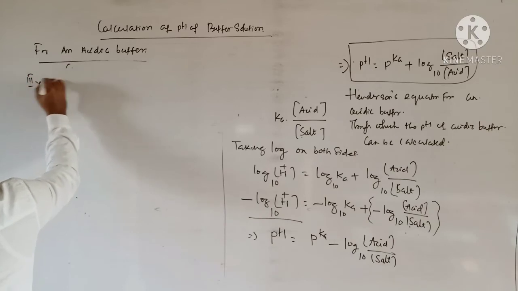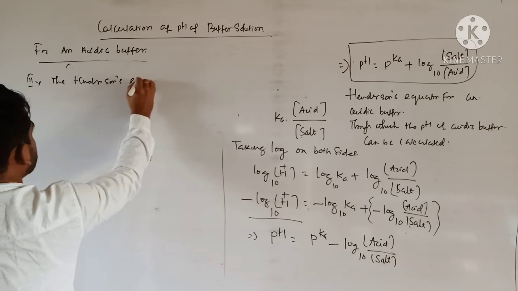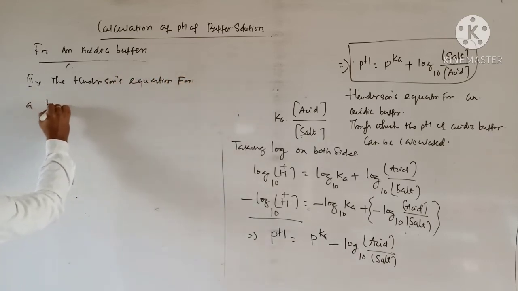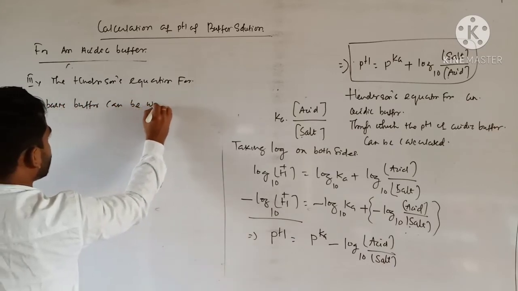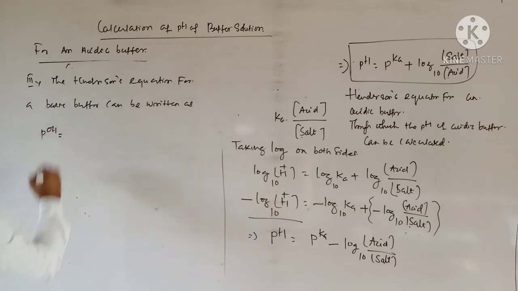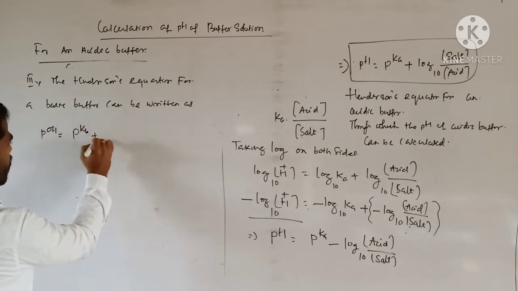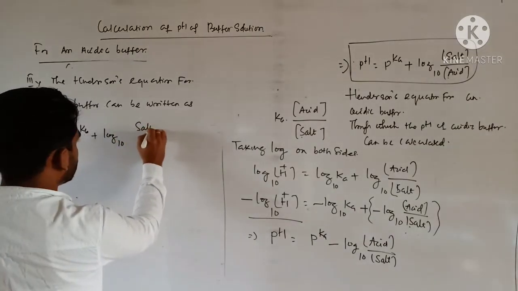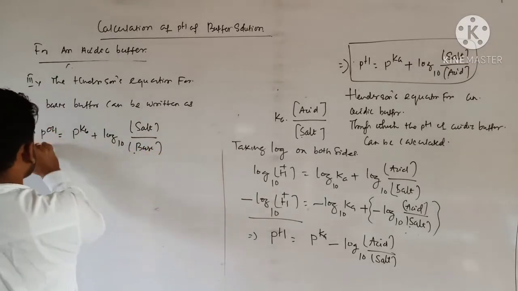Similarly, the Henderson equation for a basic buffer can be written as pOH is equal to pKb plus log base 10 of salt concentration upon concentration of base.